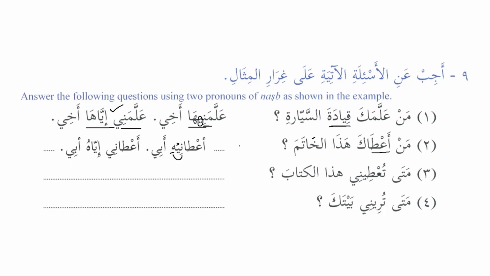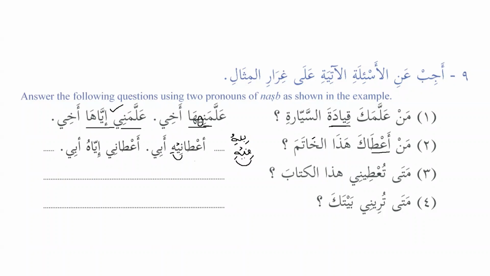For example, we say hu, but if we have harf jar before it with kasra, then it becomes bihi, right? And similarly, when we want to say fihi, before hi we have ya and it is sakin, and then there is a kasra before that. So there are only two possibilities, that hu changes into hi, and these two possibilities are over here. أعطانيه أبي وأعطاني إياه أبي.